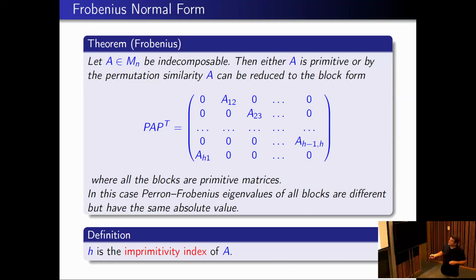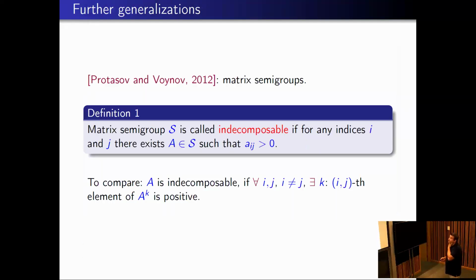And this h here, the number of blocks which I could find by using this permutation similarity, is exactly the imprimitivity index of my matrix. Very nice result of Frobenius. And now I'm introducing more combinatorial indices to show how to proceed.